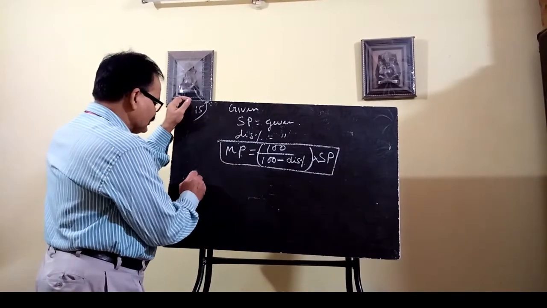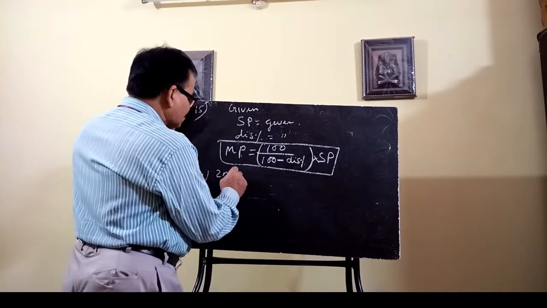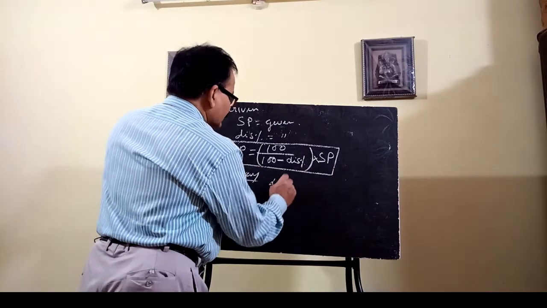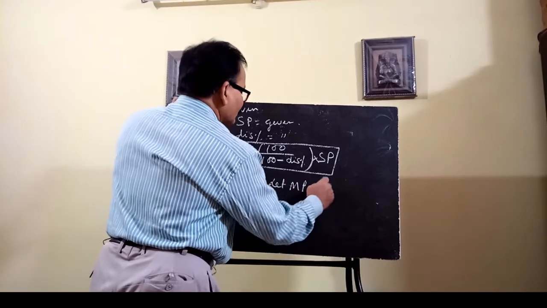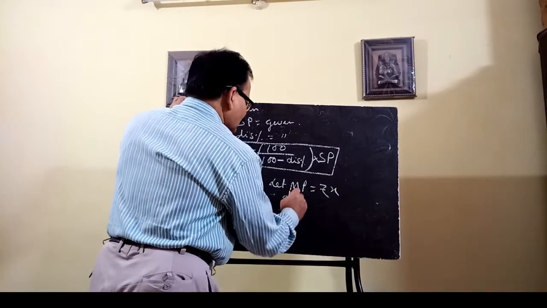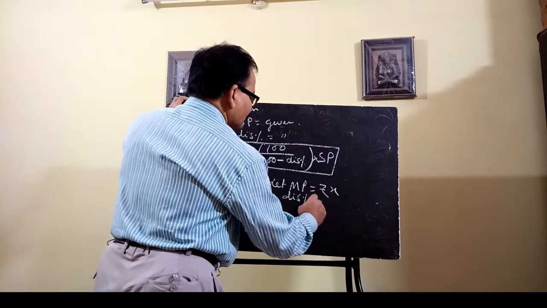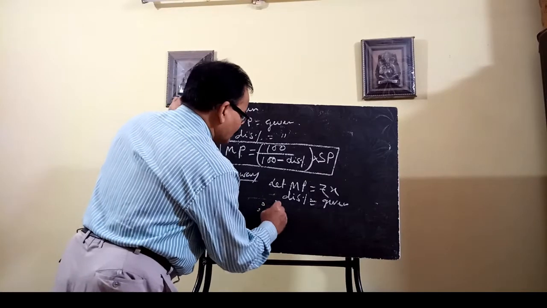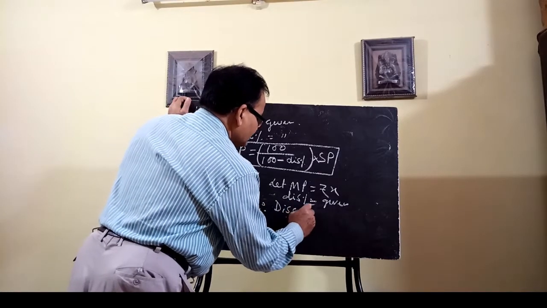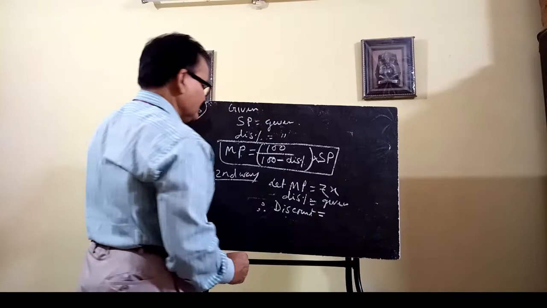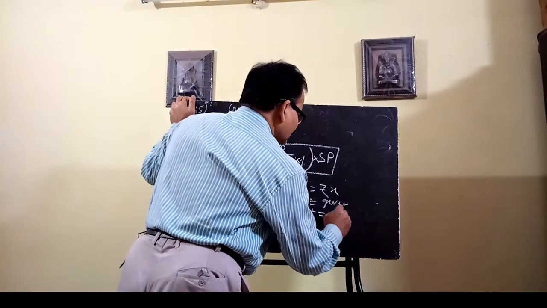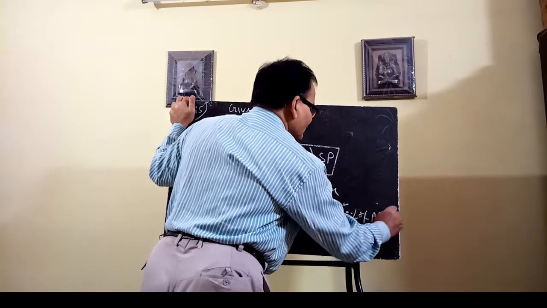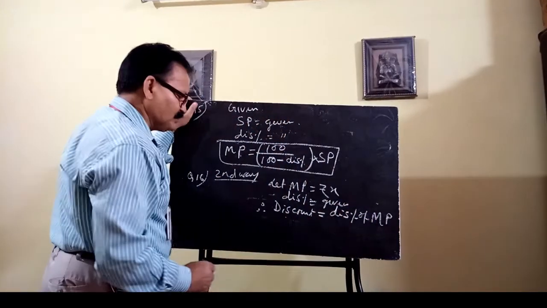Second method, that is formula 16. This is the second way. Here you first let MP equal rupees X. Discount percent is given. Then you first find the discount. Discount will be discount percent of your MP.